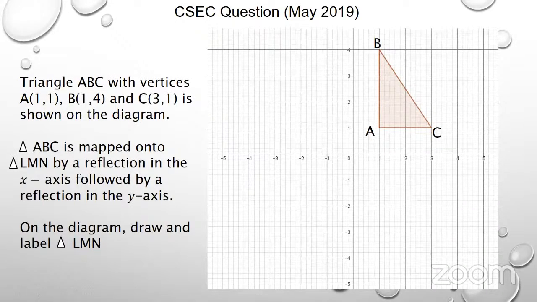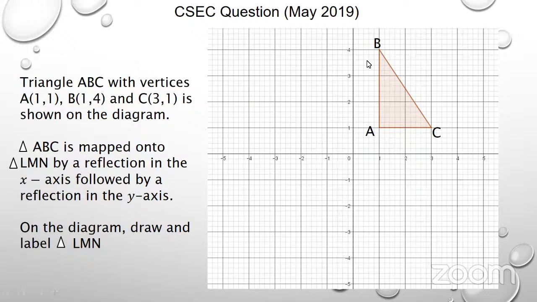And so we have our triangle ABC, which was already drawn for us. I'm going to give you about 2 or so minutes to take this off, get your graph papers, and we are going to draw the triangle ABC. So it's a triangle ABC with vertices A (1, 1).